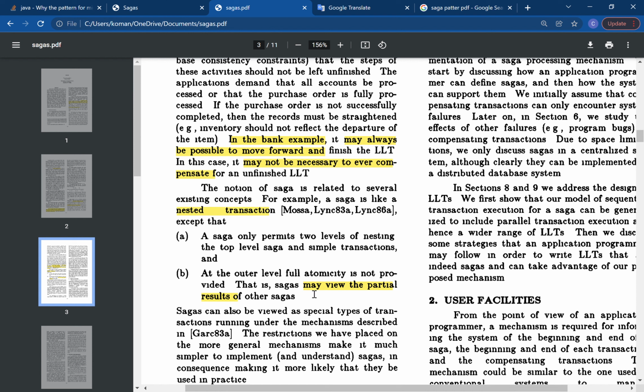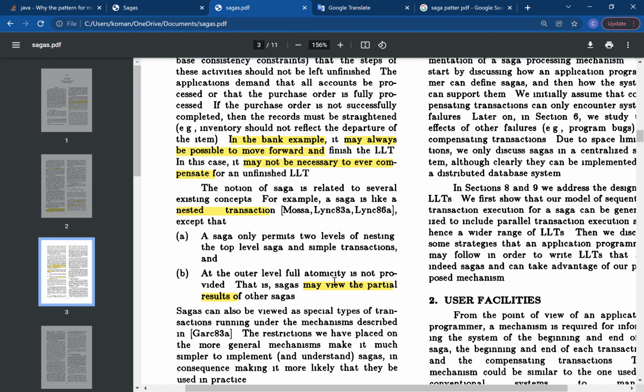For us, it's important to understand that distributed transactions are not replaced by sagas, because a saga does not meet ACID principles.